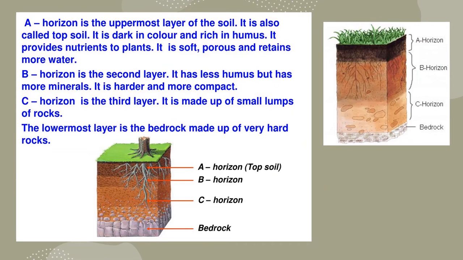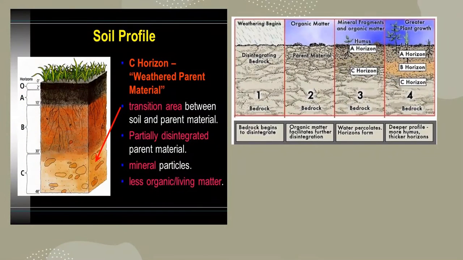The next one, again the soil profile, where it is the C horizon, weathered parent material. It is said soil is formed by a process called weathering.